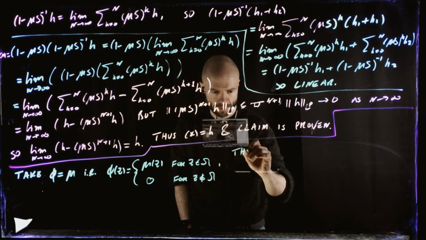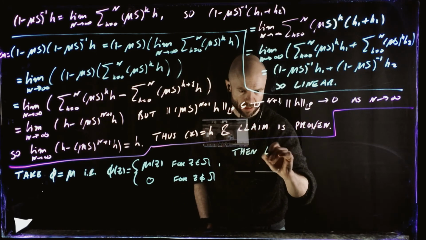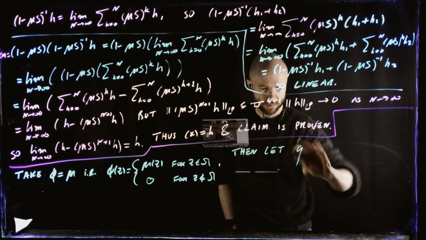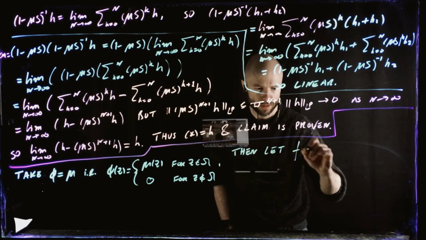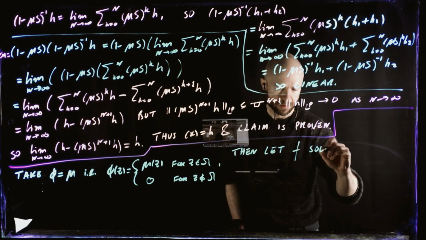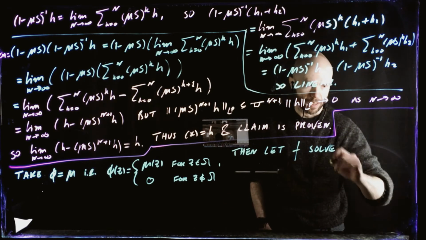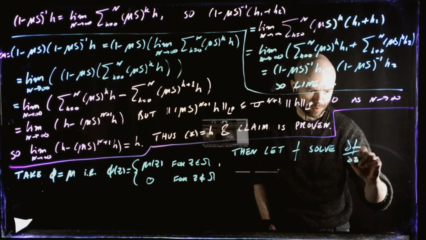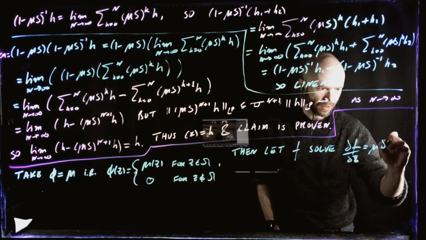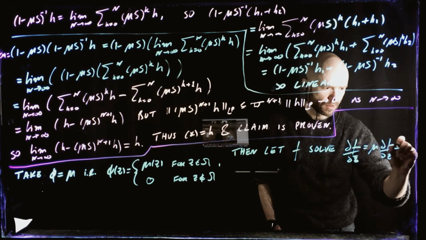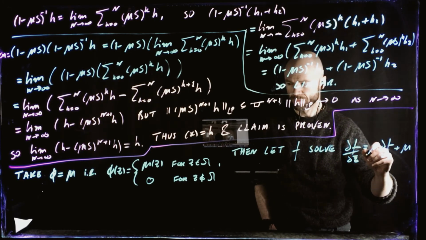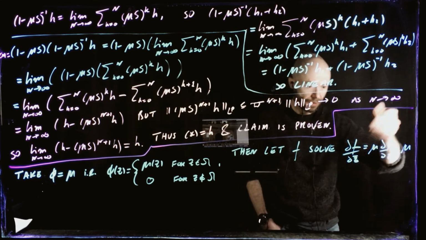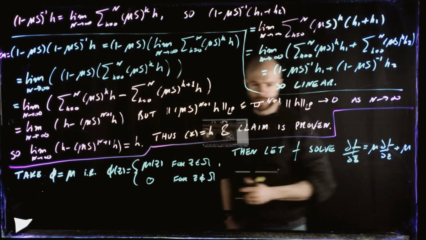Then let g of z, or first let's take a solution f that solves this Beltrami equation that we want: df by dz bar is equal to mu df by dz plus mu. Where mu again is assumed to be extended by 0 outside of omega.